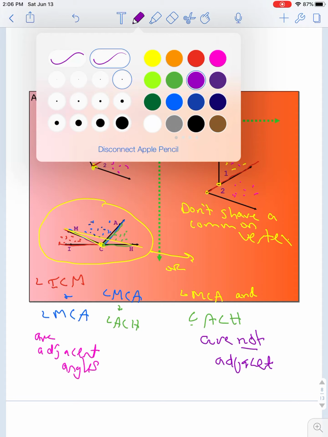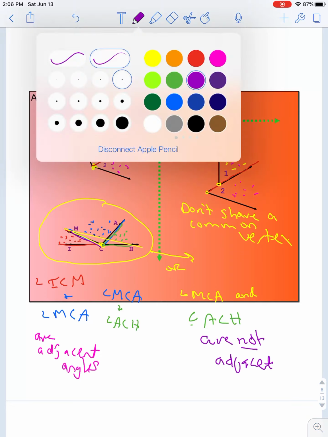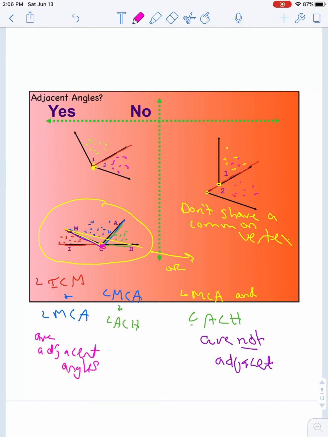So if you look at the vertex piece, here's the vertex right here of MCA, or sorry, MCH, I'm sorry, I labeled this wrong. This is an H down here, so this should be an H. Maybe that's just my messy writing, but if we look at this angle right here, those are all the interior points for that angle.